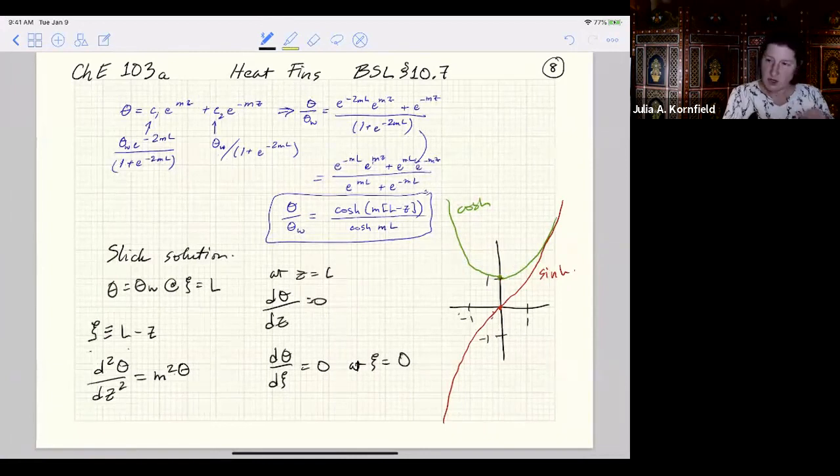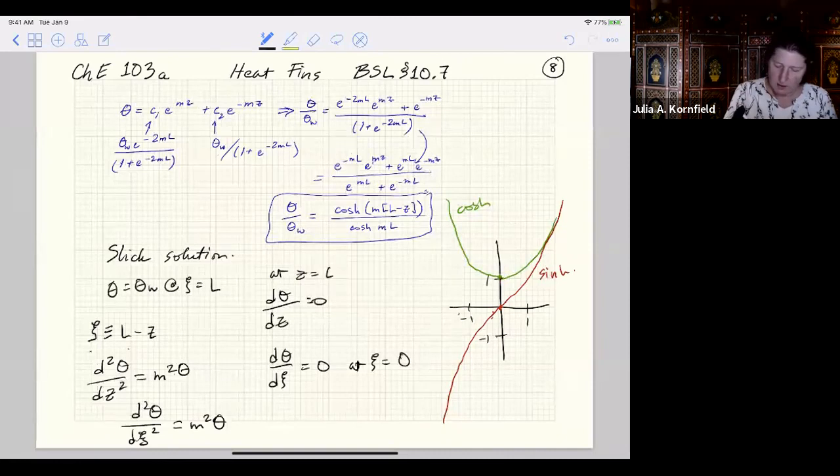But since we're differentiating twice, the equation is still going to have the same form. So we'll have d squared theta/dc squared equals m squared theta. And that's why I write the same general solution. So you have theta is big C1 cosh of c plus big C2 sinh of c.